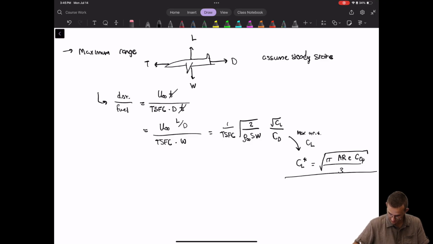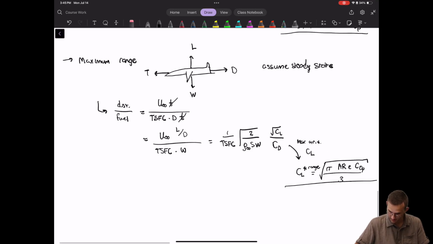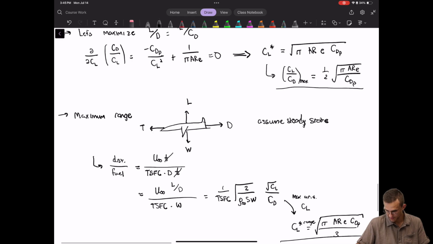Okay, I'll just note this is the range CL star. So comparing these two here, they're actually very similar. They just differ by a factor of the square root of 3. But it is different, right?